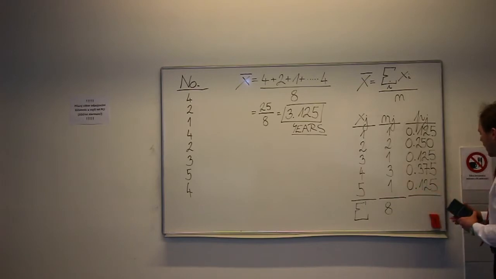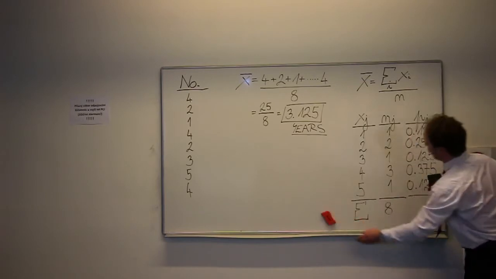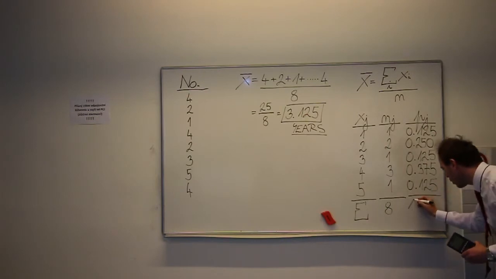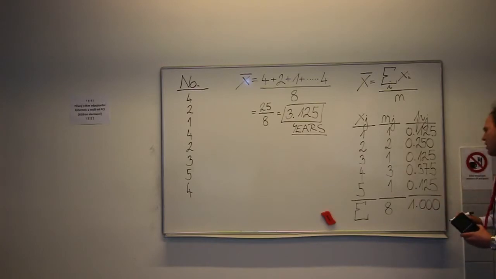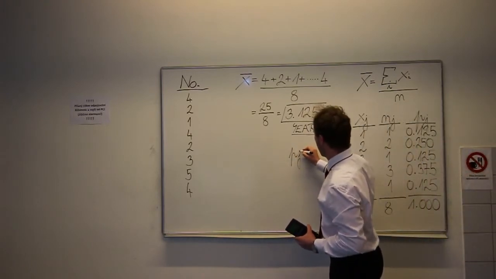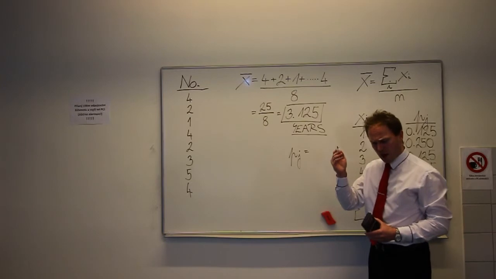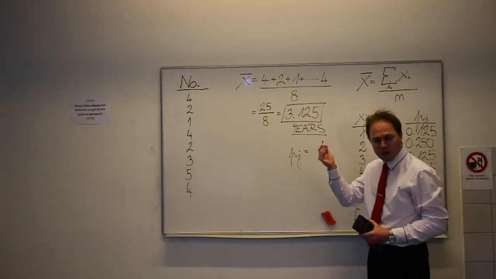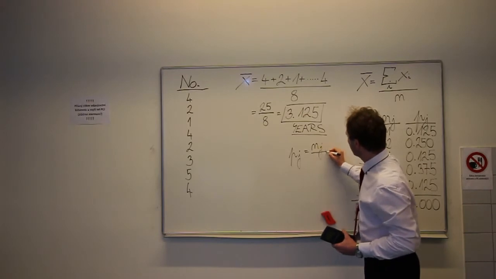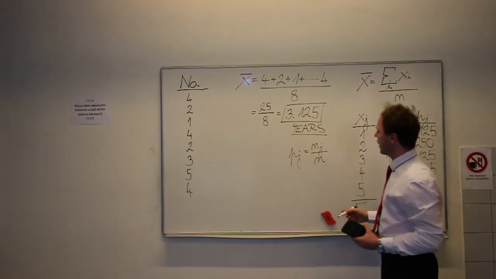Again, the sum of these values must be equal to 1.000. If you don't know how I calculated the relative frequencies p_j, watch the previous seminar, seminar 1: n_j divided by n.